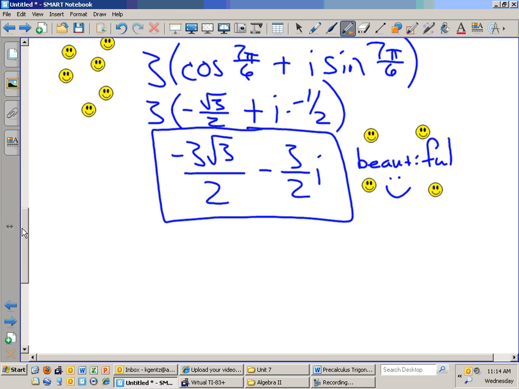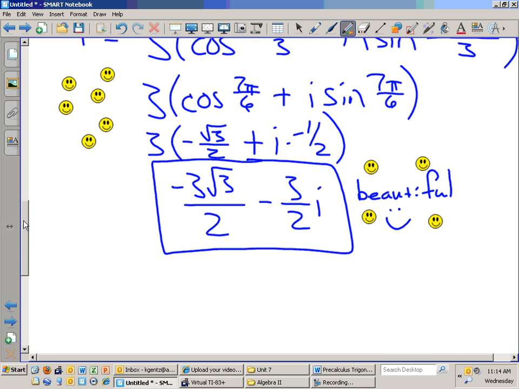But what I want you to realize is that if you take negative 3 square root of 3 over 2 minus 3 over 2 i and multiply it by itself 3 times, what are you going to get? Negative 27i. When I saw it today and worked through the problem, I wondered, if I multiply that by itself 3 times, will I get negative 27i? I worked it out, and it works.